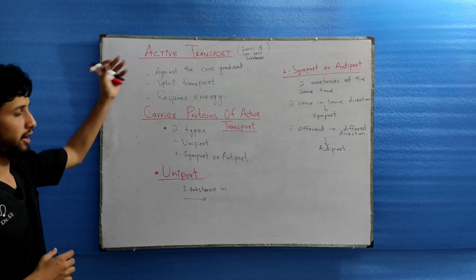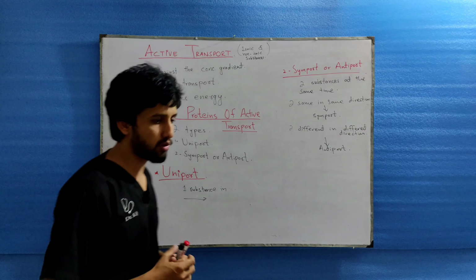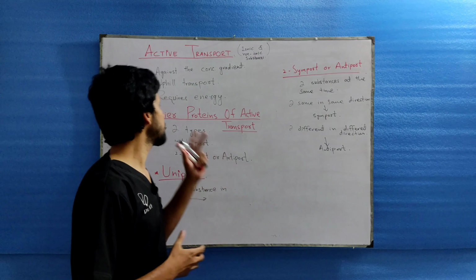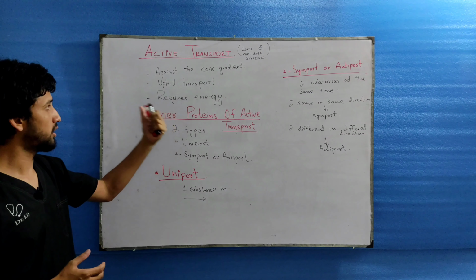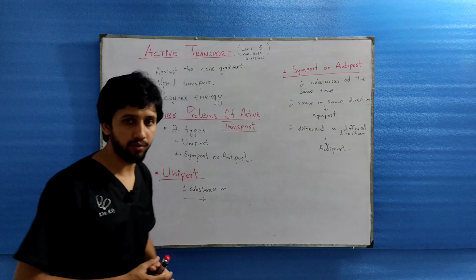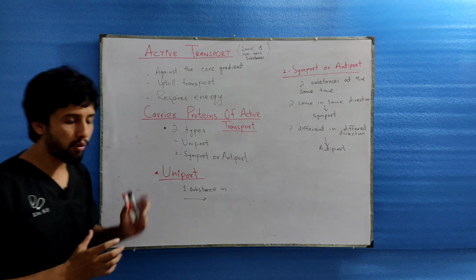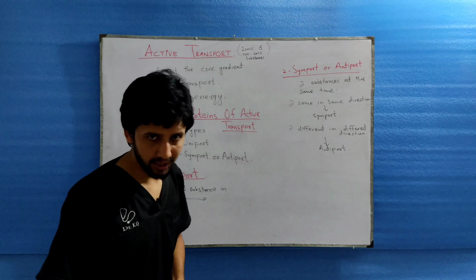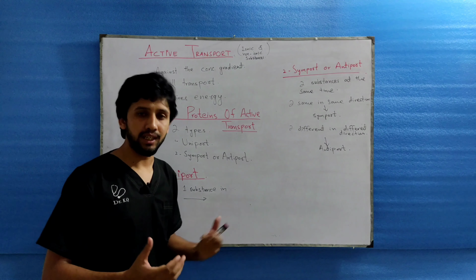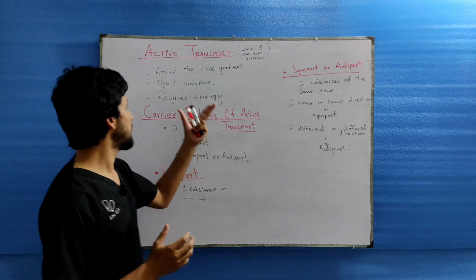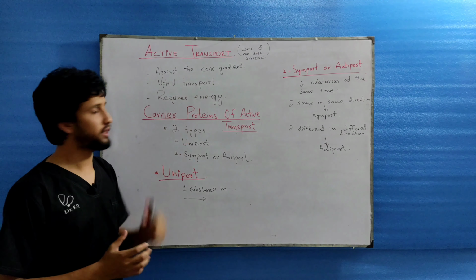Now here is the active transport. Active transport is just opposite to that of diffusion, because it needs energy. It requires energy in the form of ATP for its process. So it is the movement of substances against the concentration gradient, while in facilitated diffusion there is no such process that is against the concentration gradient.